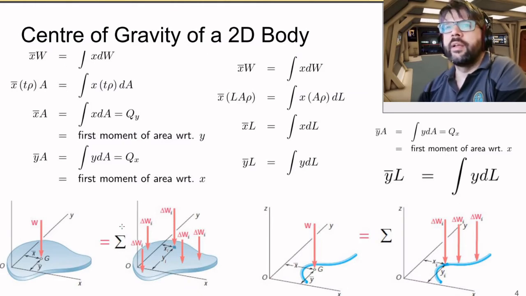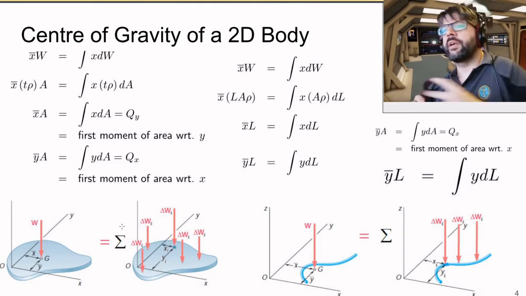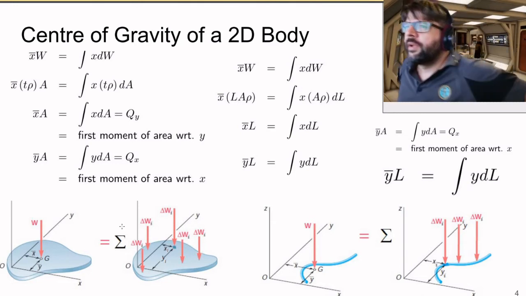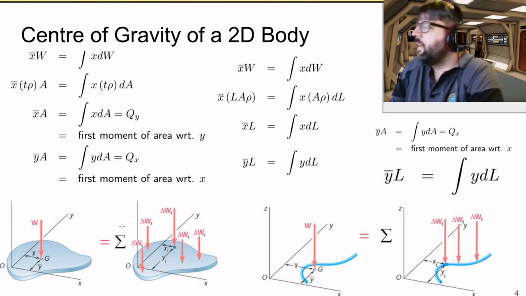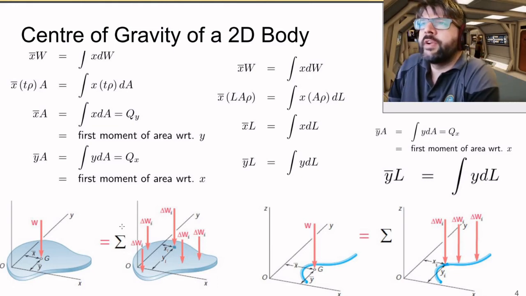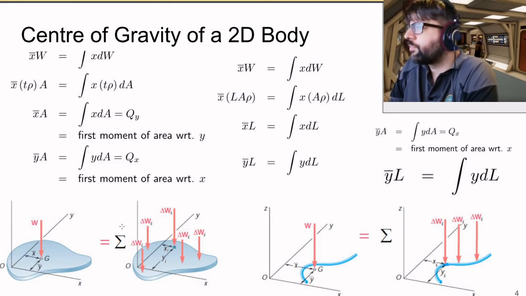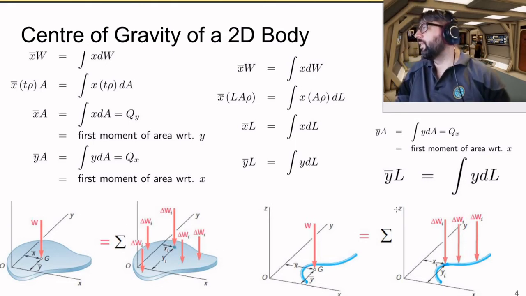So, the annoying math. For a 2D body, what we want to do is take our object and split it up into a whole bunch of tiny little cubes. The centroid x bar of the object times the weight of the object is going to be equal to, oh, I realized that the top of that got cut off there.